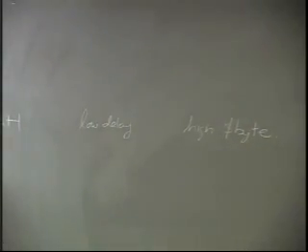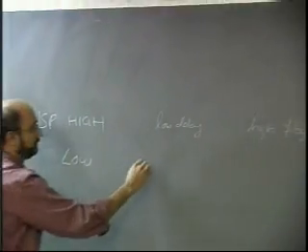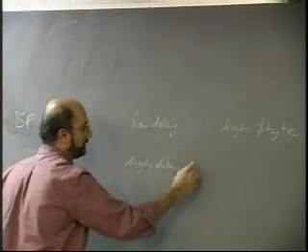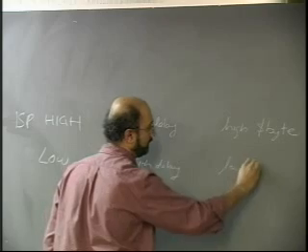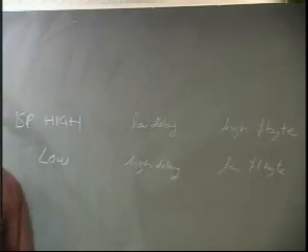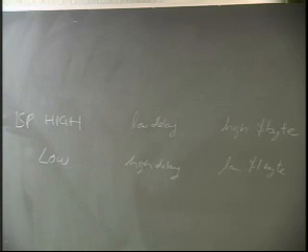And ISP low, on the other hand, gives you high delay and a low dollar per byte. This is again a pretty typical trade-off: the lower the delay you want, the more you have to pay per byte.